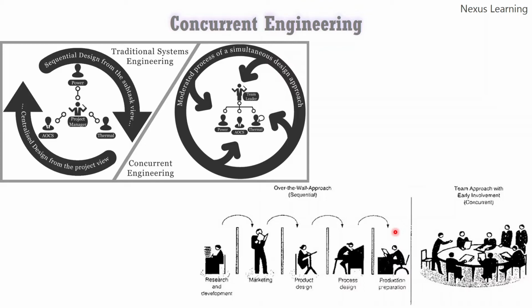But now, what happens is they work with each other as a team. No more do we work in silos. So R&D, marketing, product, process, production, all the representatives come together. They discuss what we want to arrive at.